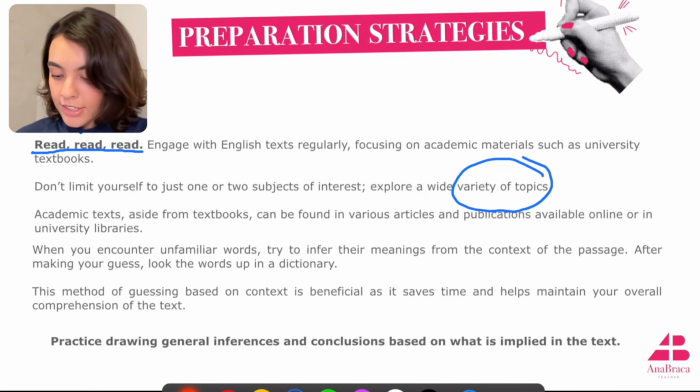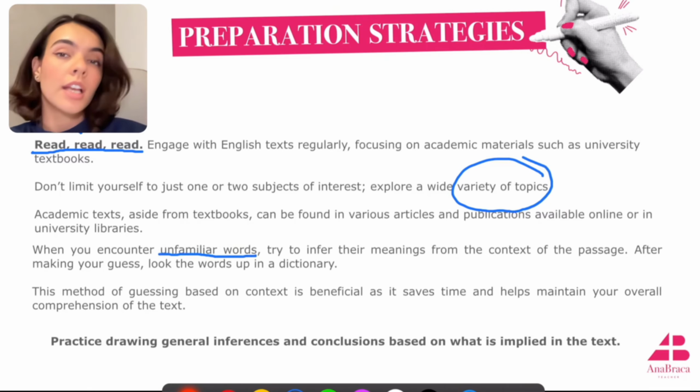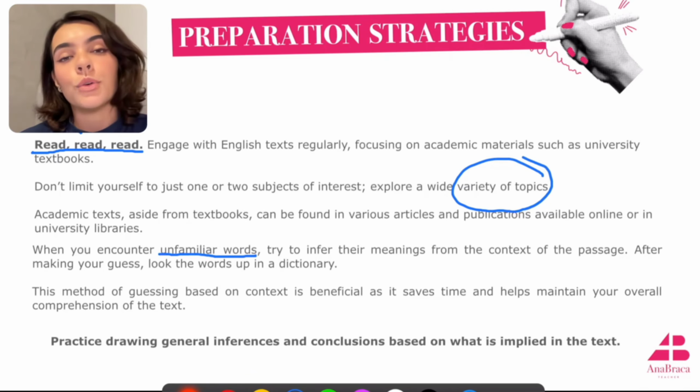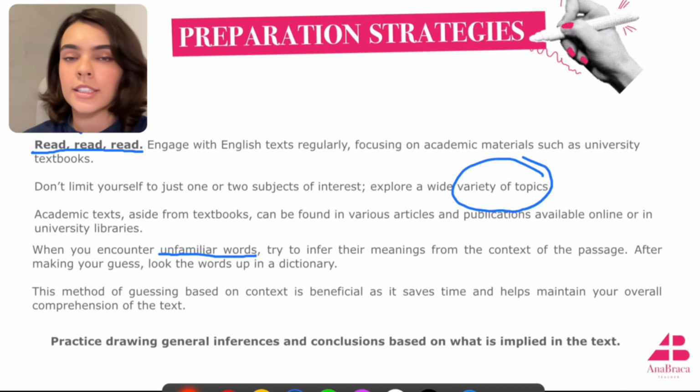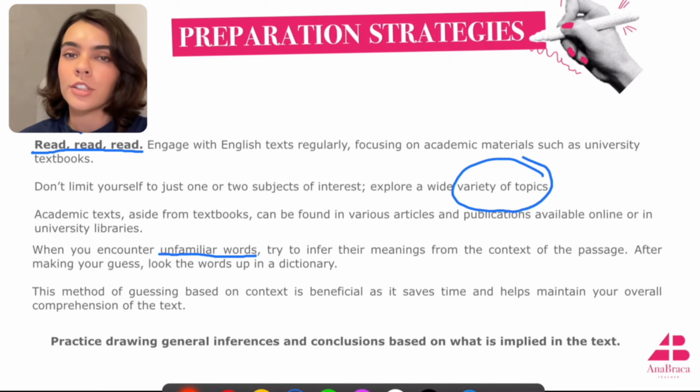Another thing is, when you encounter unfamiliar words, don't you worry, you have to understand them by the context. Don't Google it, don't check the translation or look in a dictionary right away. Try to understand by context. And you will understand when I talk about the types of questions. But we have one type of question that is related to vocabulary.